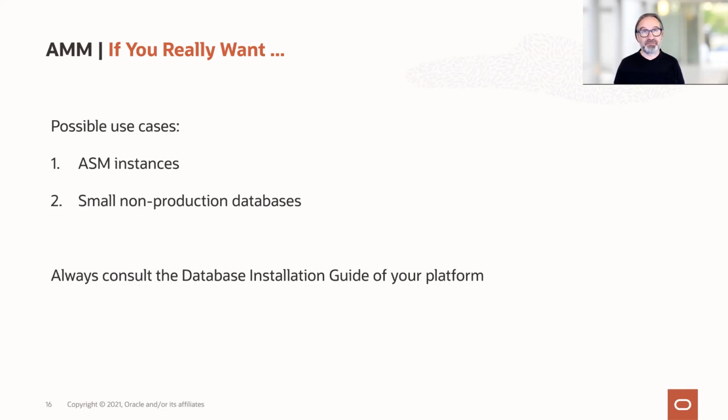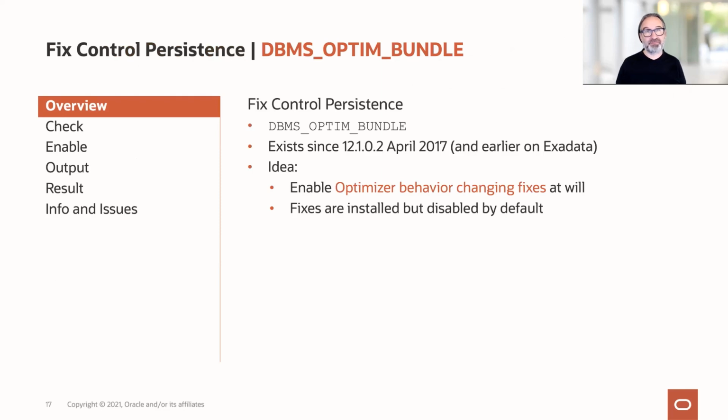That's it. Next topic, fixed control persistence. The idea of that strange wording with DBMS_OPTIM_BUNDLE, a package in the database, is that since a long time, we deliver behavior-changing optimizer fixes with bundle patches.